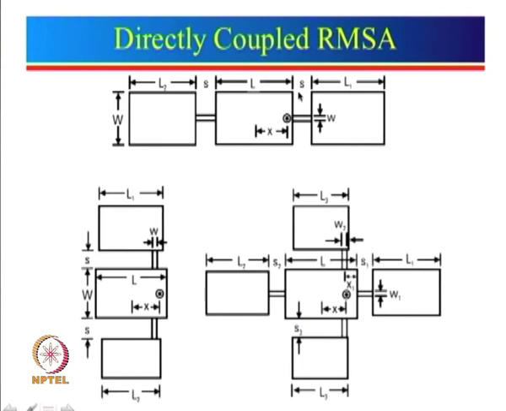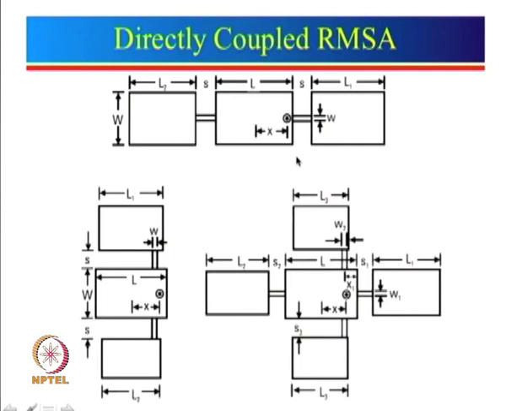What we have tried to do here is take this gap S greater than 2H, where H is the substrate thickness, because recall the absolute maximum fringing field can be extended to about H, and this can be extended to H. So, if we take greater than 2H, gap coupling will not be there. So, direct coupled is where the gap is generally taken as larger.